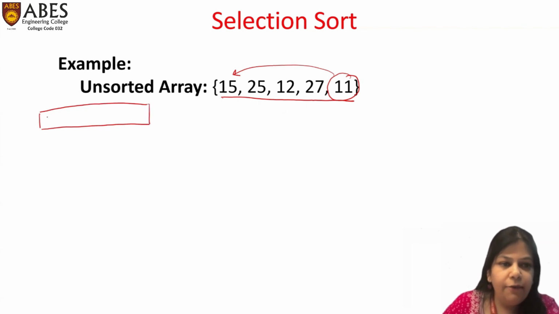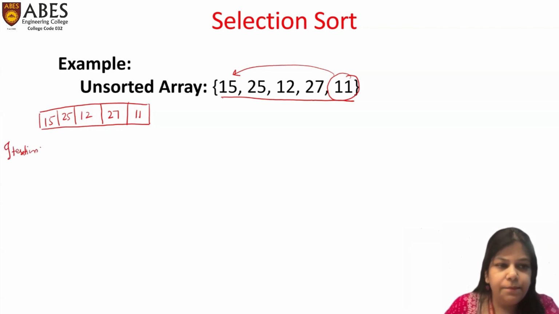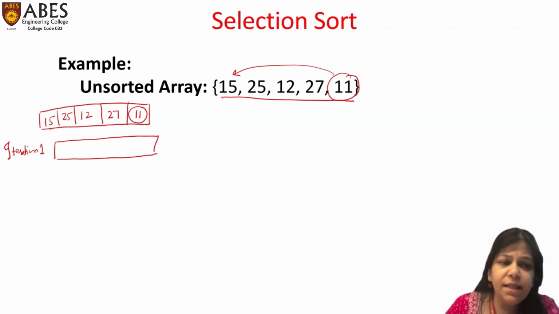Suppose we have these 5 elements, 15, 25, 12, 27, and 11. So in the first iteration, we have to find out the minimum element in the array. So what is the minimum element? 11. And we have to place it at the beginning of the unsorted array.